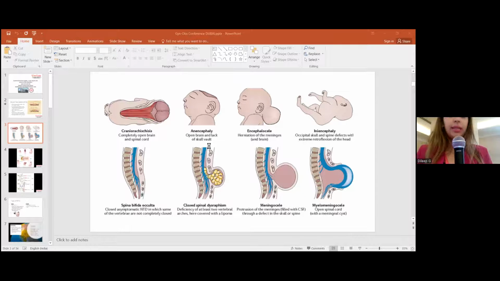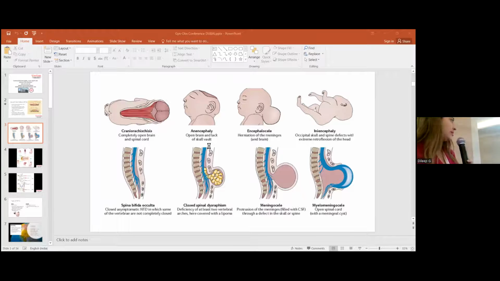It can be open or closed. The open one is more common, and in this type we can see neural tissue and its elements with a defect of the skin, like we can see in the picture.